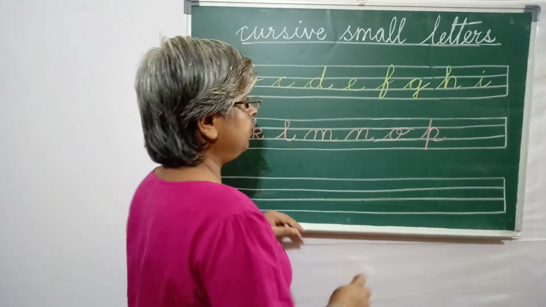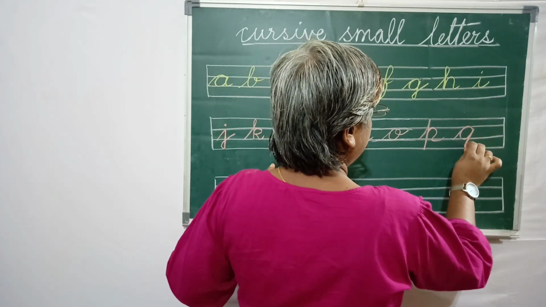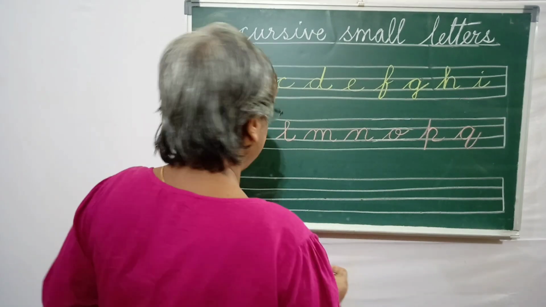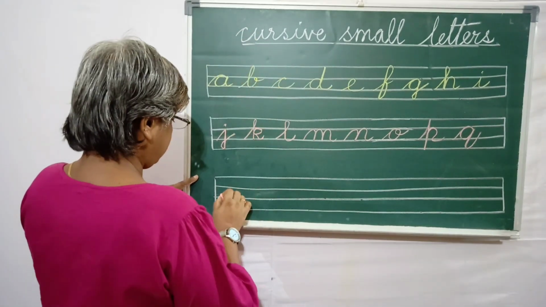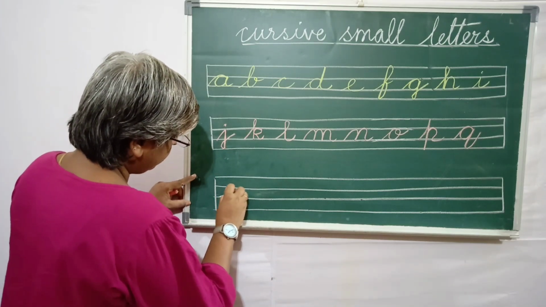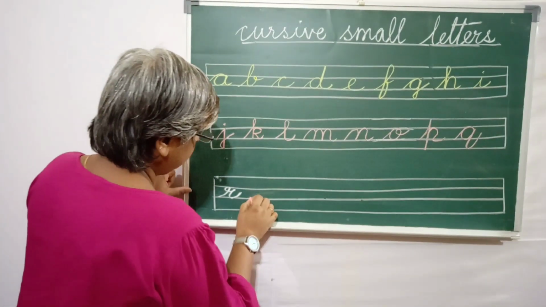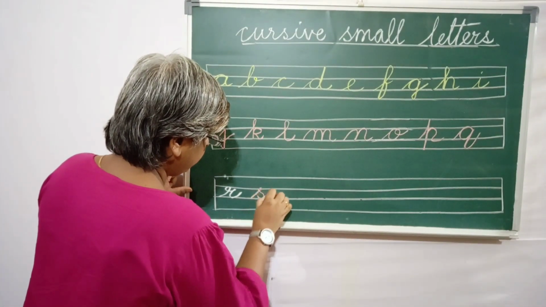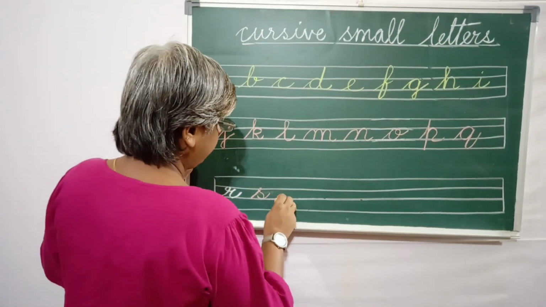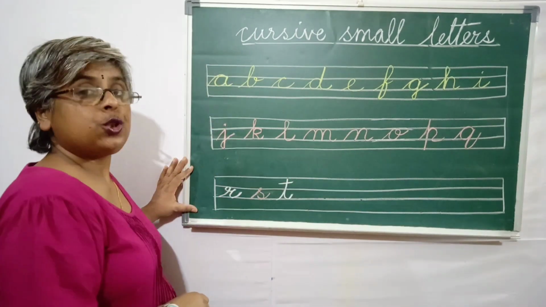P, peacock. Q, quilt. R, rabbit. S, sunflower. T, tomato.